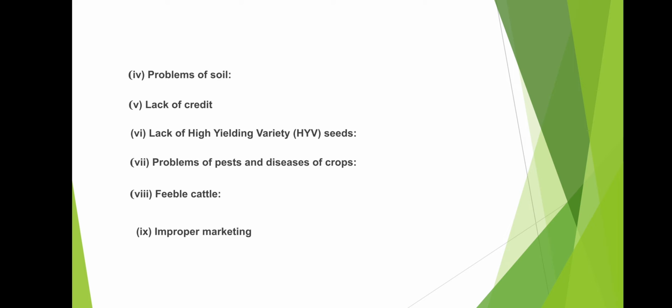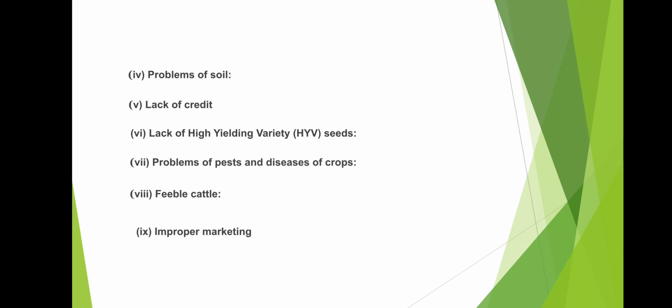The next one is the problem of soils. There are many problems which are related with the soils also. There is the problem of soil erosion, waterlogging, similarly the swamps and the nitrogen deficiency. These are the problems with the soils also.